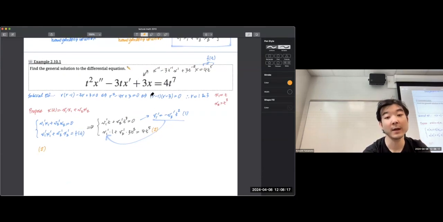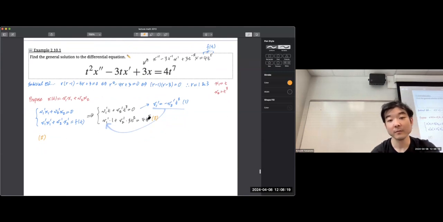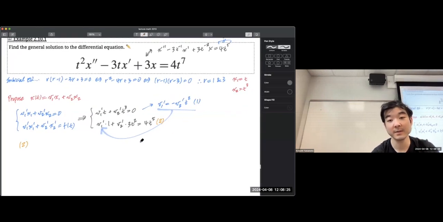Yeah, that's important. And so we have this second equation right here, and we're going to substitute this in. So we're going to have negative v2 prime t squared plus the rest of it is equal to 4t to the 5.